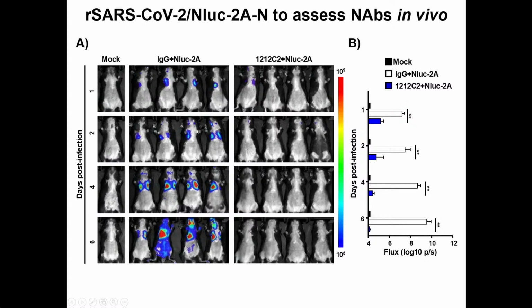As you can see here, in mice treated with the 1212C2 monoclonal antibody, we could not detect luciferase expression, suggesting that this antibody clearly neutralized the virus, not only in vitro, but also in vivo. That was not the case for mice treated with the isotype control and infected with the luciferase virus, because as you can see here, all the mice were expressing luciferase, which obviously increased in a time-dependent manner.